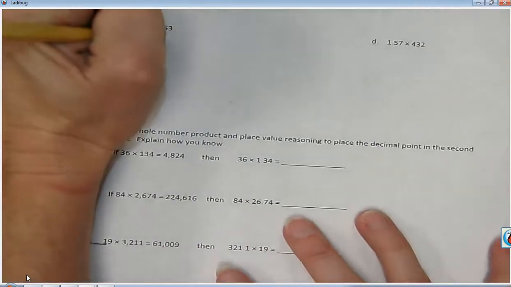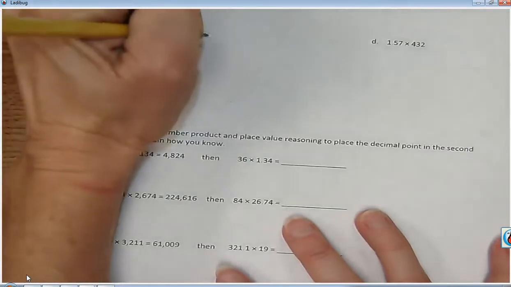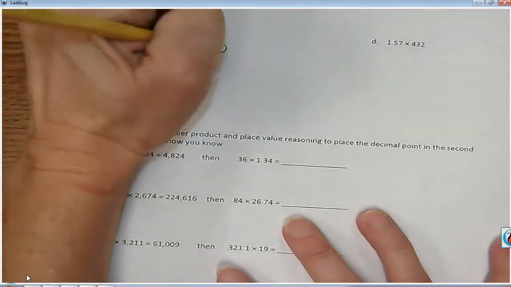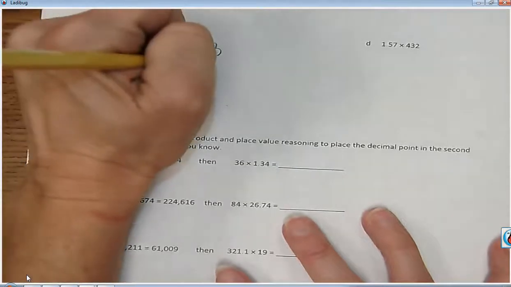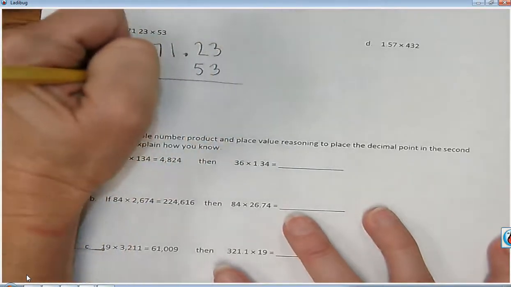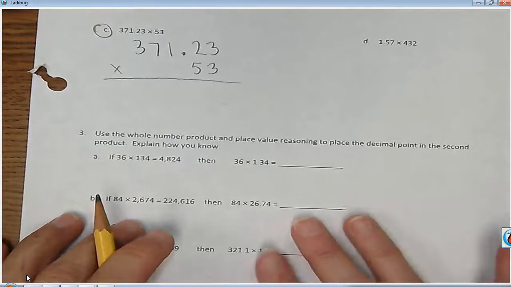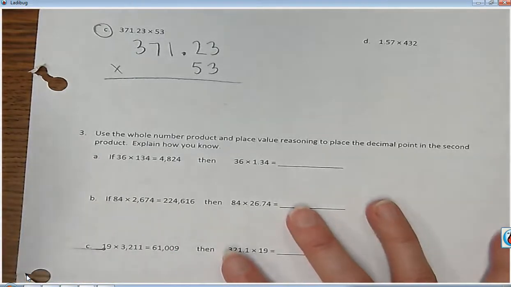So it says solve using standard algorithm. So let's set this up. All right, so first let's estimate so we can figure out where the decimal point should go.